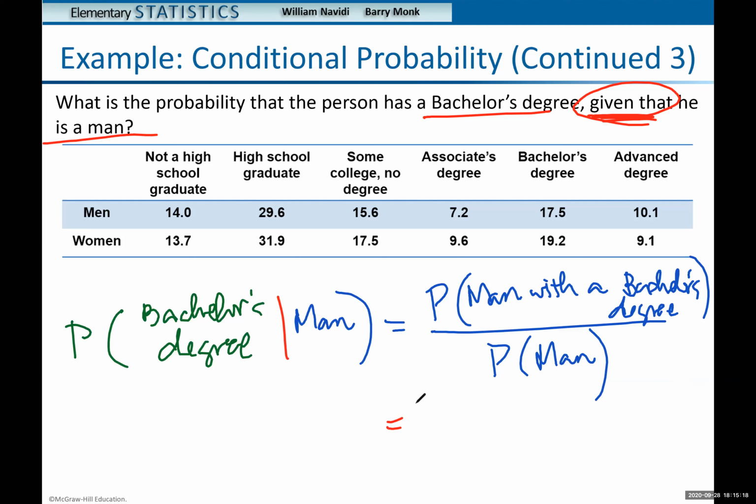So we got this man with a bachelor's degree, 17.5, over 195.0, probability that he's a man. The total of men, 94.0 over 195.